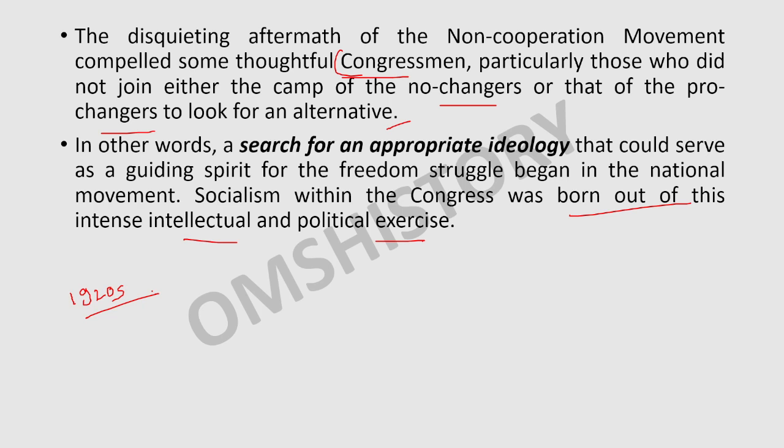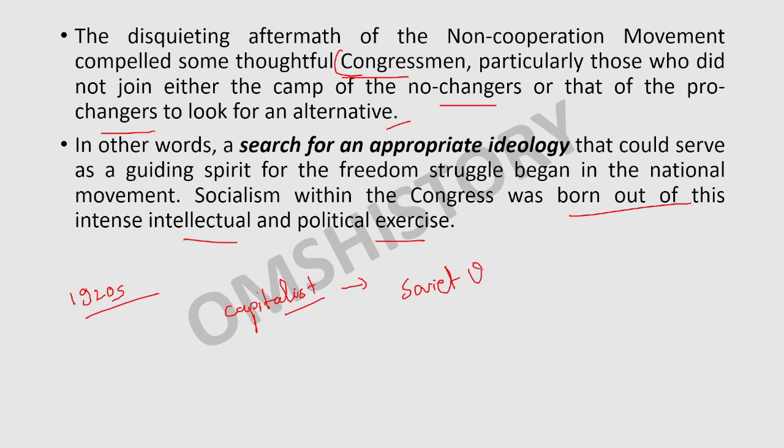At this point of time in the 1930s, we have seen that the Great Depression happened, and the Great Depression actually affected the capitalist world. But it did not have that much influence over the Soviet Union.